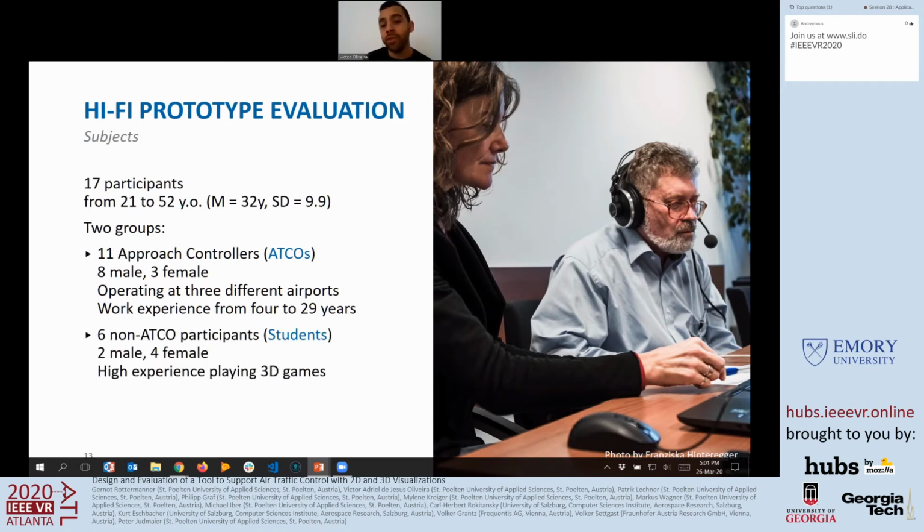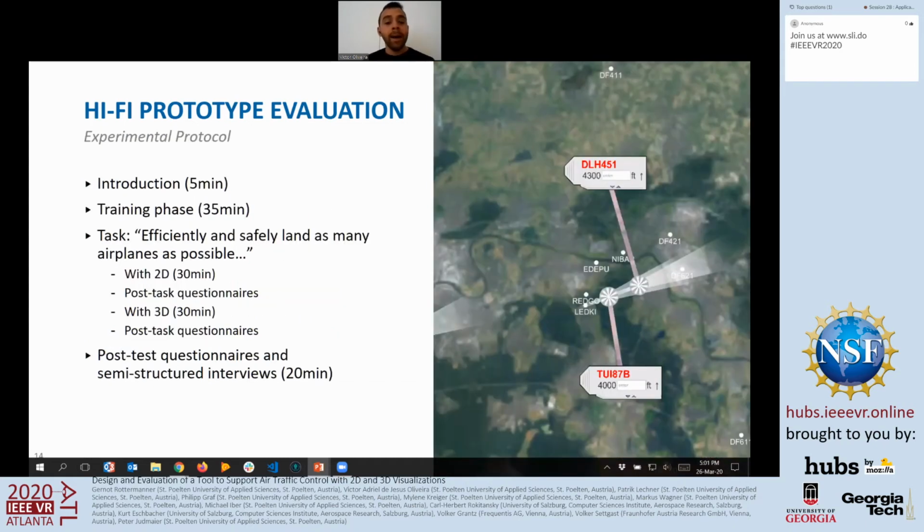And we also had a smaller group of 6 non-HCO participants, which we recruited from students reporting having high experience playing 3D games, so we could have a control.